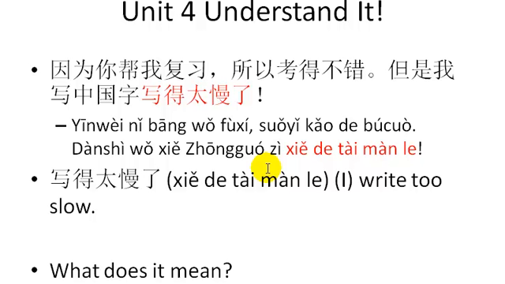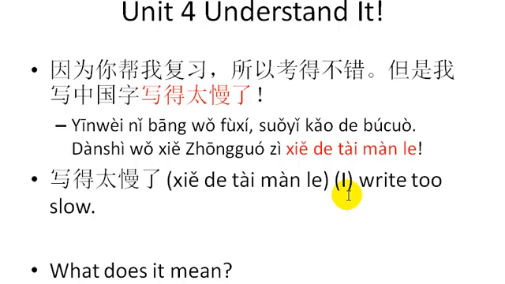Next on here, 因为你帮我复习，所以考得不错，但是我写中国字写得太慢了. Okay, so here we have 我写中国字. Here it is again with adverbs. I write Chinese characters 写得太慢了.